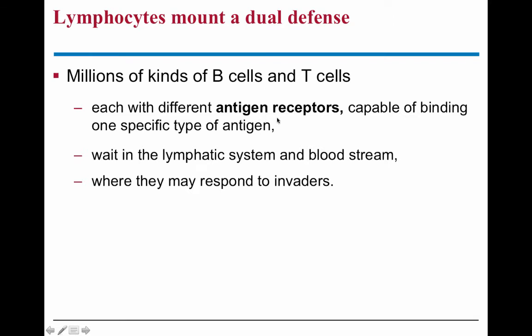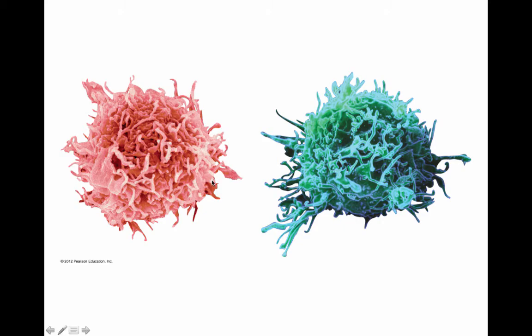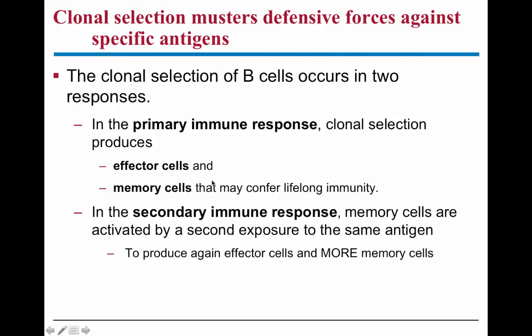But what's nice about this, hopefully, is that these receptors do not react with your body's own cells. It's really cool how this repertoire is generated and targeted to non-self or foreign cells. Anyway, here's a B cell on the left, T cell on the right, just to show you how cute they are. Let's talk about B cells first.